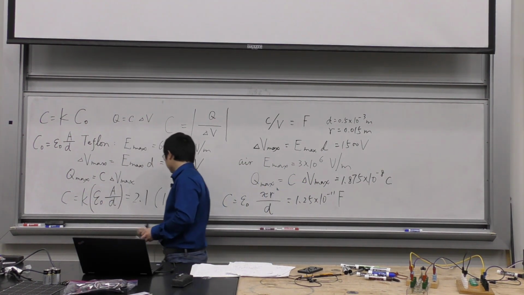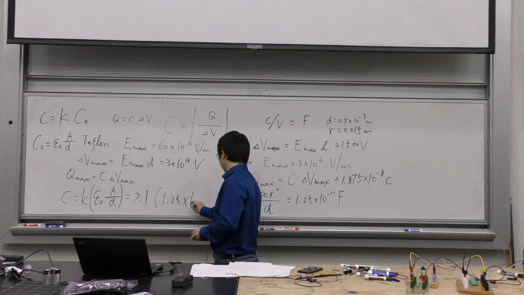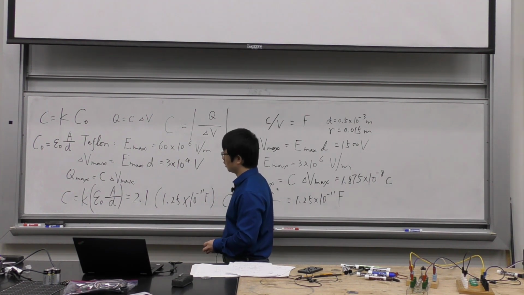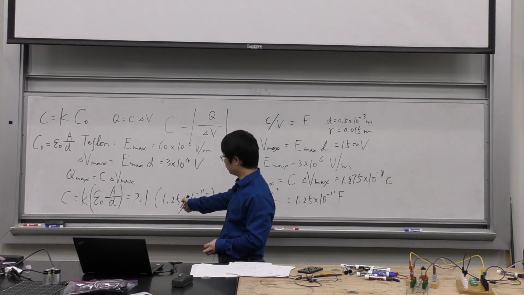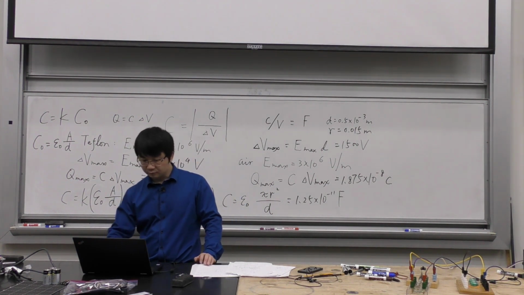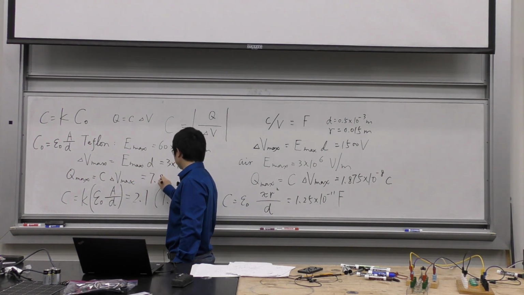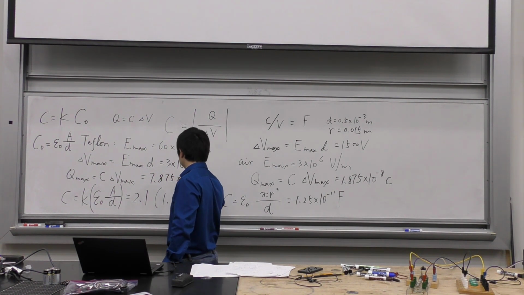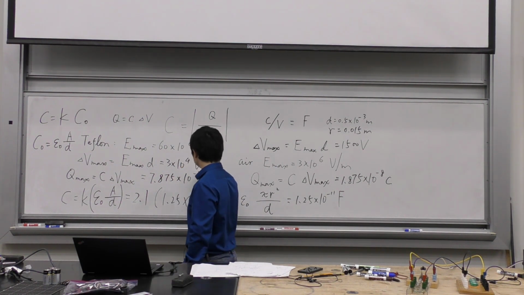This is the C naught. You can call it C naught. This is a new capacitance you're going to use. Then you multiply them together. You should get 7.875 times 10 to the -7 coulombs.